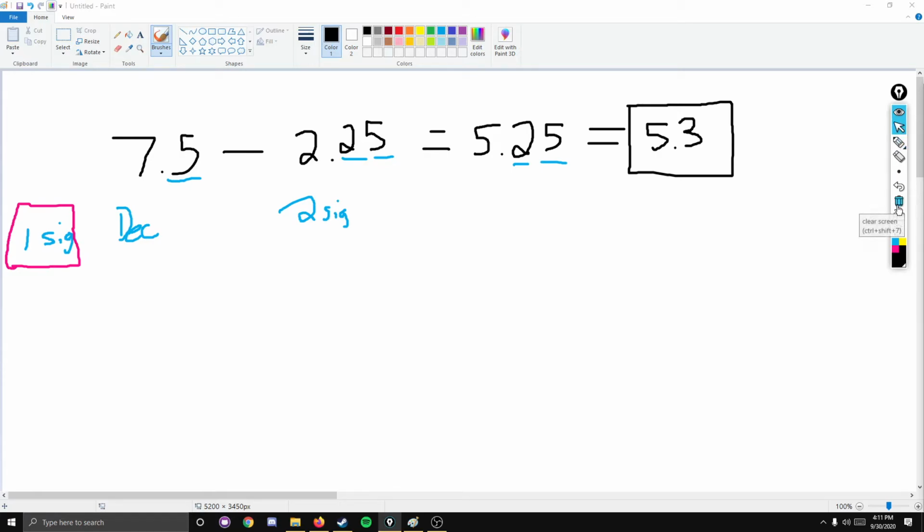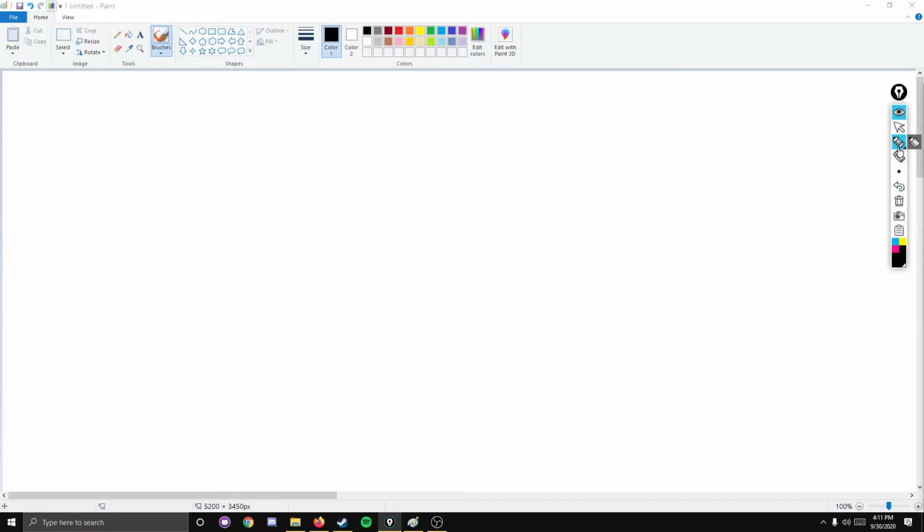The last situation that I'd like to go over deals with zeros. Actually, what I'd like to do is start with 0.100 minus 0.005.